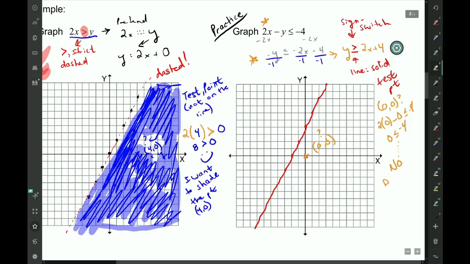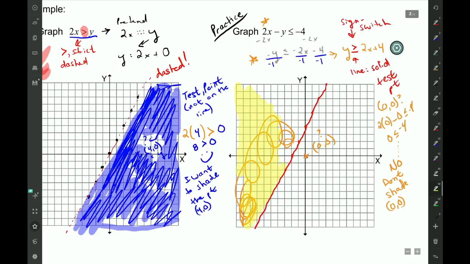No. Don't shade 0, 0. I don't want to look there, so I start on the other side. The other side is where the solutions would be.